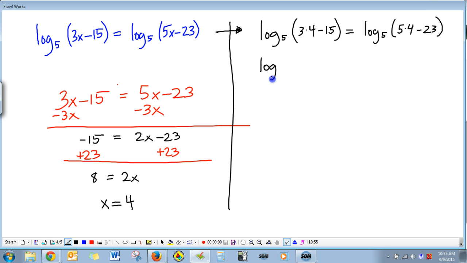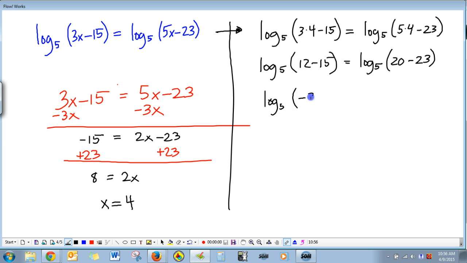So this is the base 5 log of 12 minus 15 equals the base 5 log of 20 minus 23. So we get the base 5 log of negative 3 equals the base 5 log of negative 3.